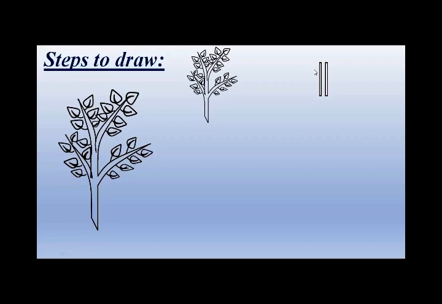This one is the rubber tube. Where is it placed? We will draw it on this side, just below the diagram of the small plant.